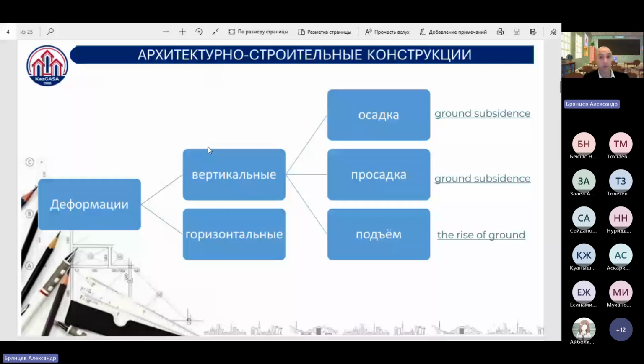These deformations can be found on various types of buildings, and the next slides will show some examples of these variants of deformation.